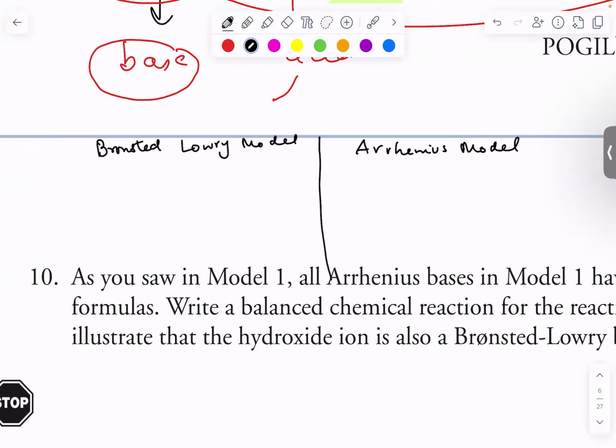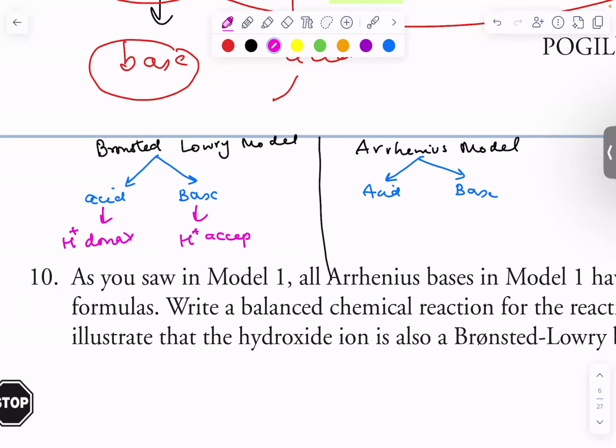Now, have a look. There are again two things in it, acid and base. And this one also has acid and base. In Bronsted-Lowry model, acid is proton donor and base is proton acceptor.